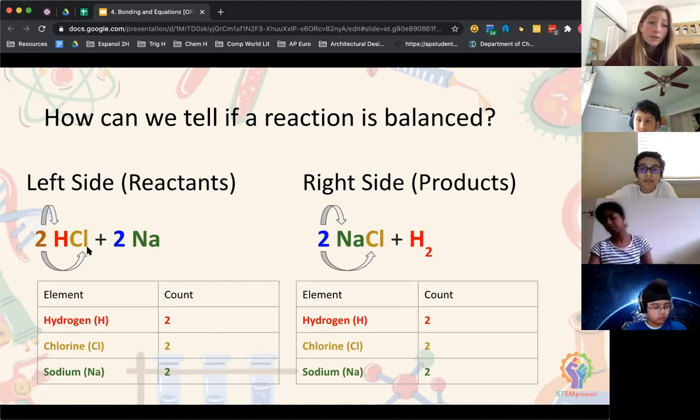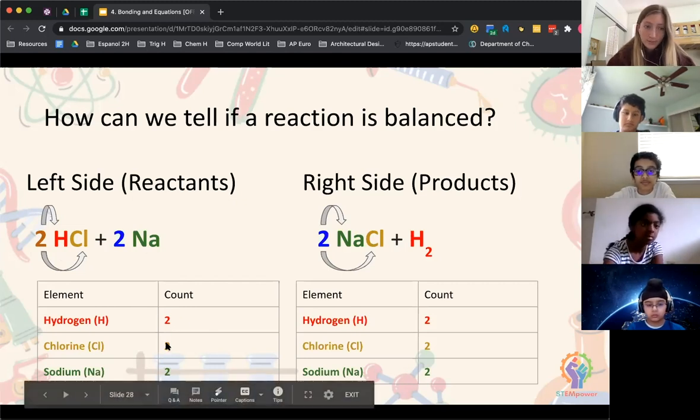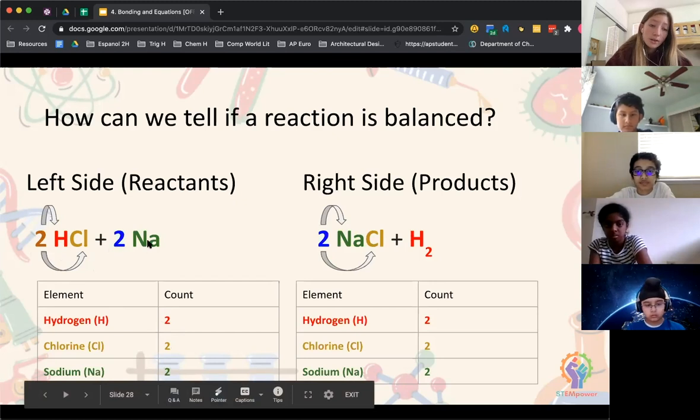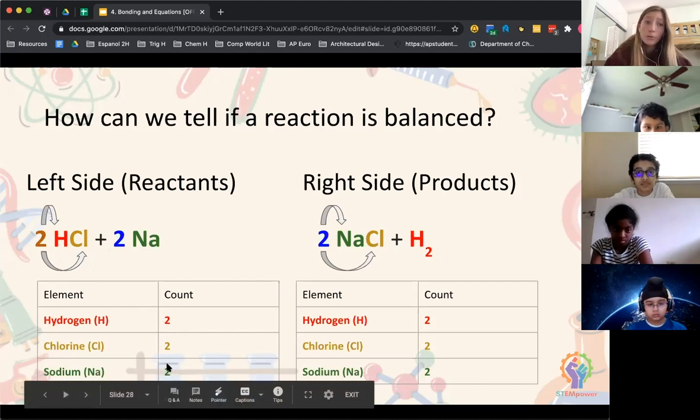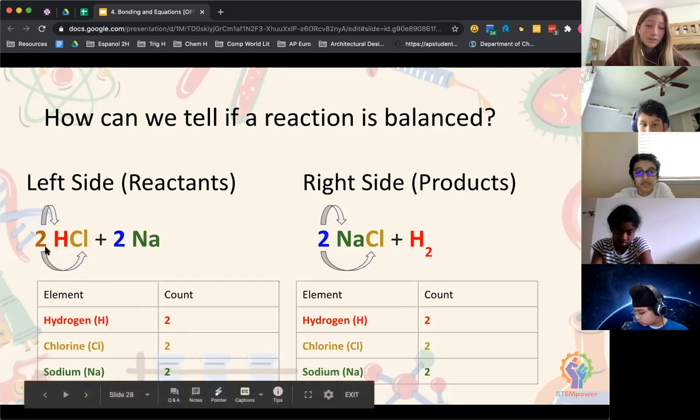Within the reactants, we can see that there are 2 hydrogens and 2 chlorines. So we can write down 2 hydrogens, 2 chlorines for the reactants. And then we can also see that there are 2 sodiums. So altogether, we have 2 hydrogens, 2 chlorines, and 2 sodiums. What we're doing is counting the amount of atoms on the reactants and product side to see if it's balanced.